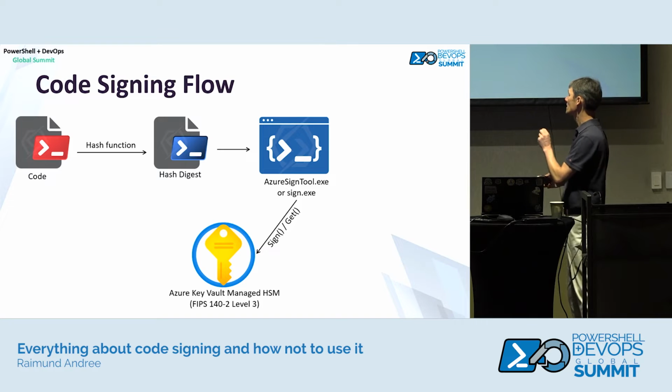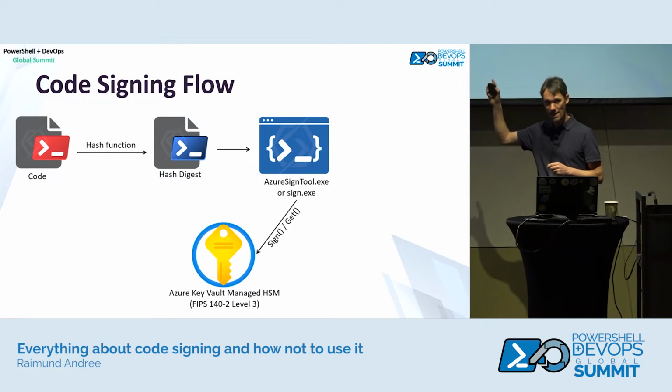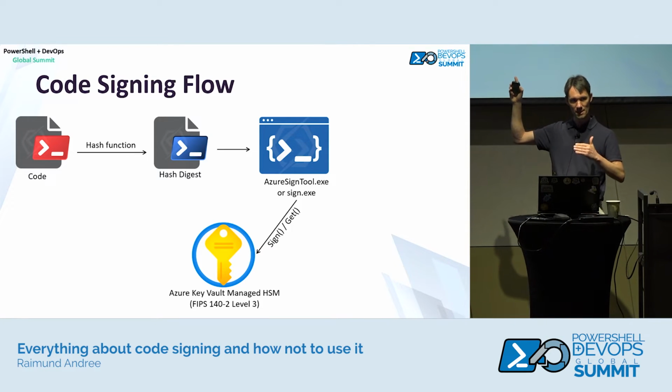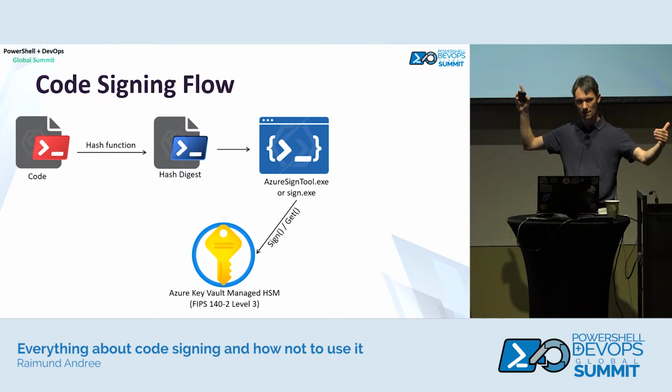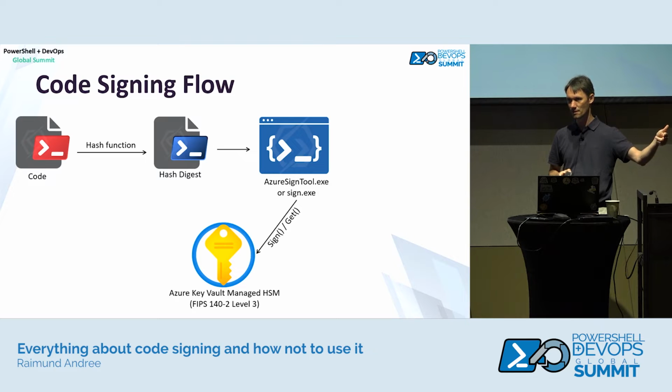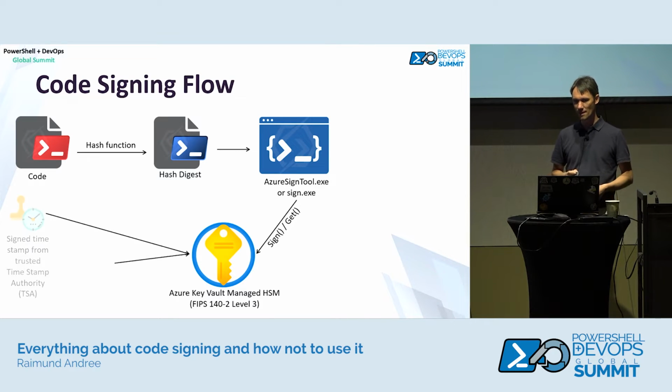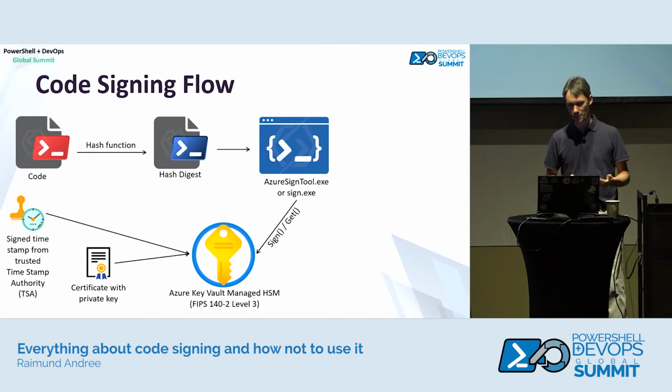So the signing tool does not access the private key. It only sends the hash to the Key Vault and tells the Key Vault, hey, this is the thing that I want to get signed. Do it for me, and please send me back the signature.